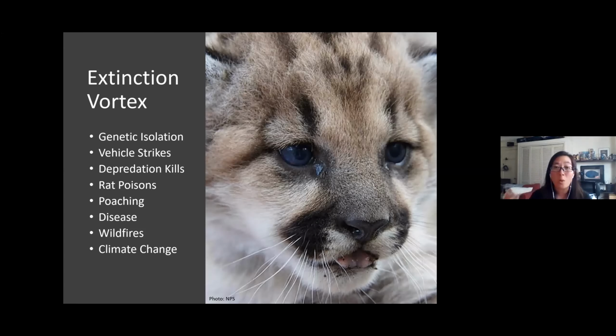They also die from poaching and other diseases, and several have died in the wildfires these past couple years. And then again, climate change. And so there are all these things that are just not favoring mountain lions and their survival.